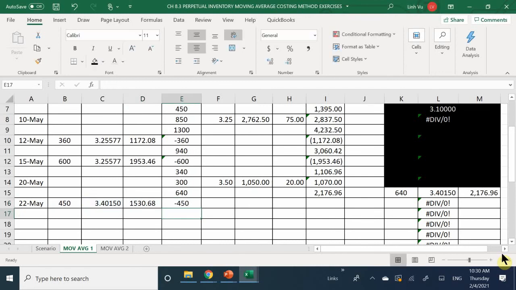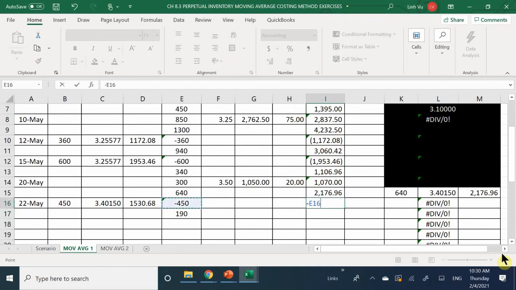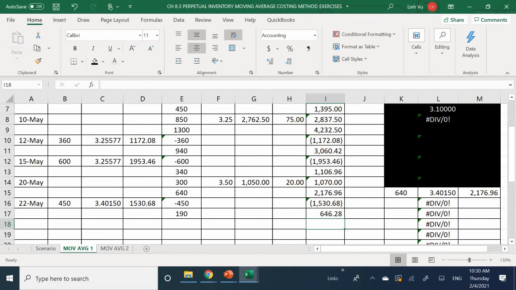Again, I'm going to subtract 450 from 640, and that should give us now a new grand total of 190 items. Same thing here. I'm going to subtract out 1530.68, and I should now get a new total cost of 646.28. And I'm going to go ahead and carry that over.